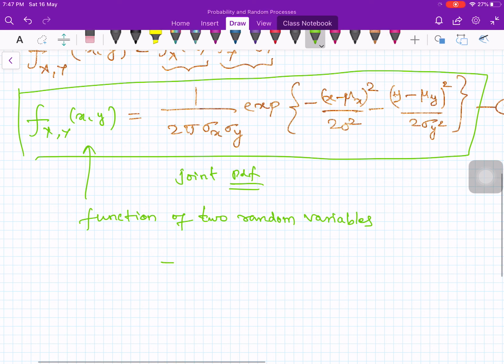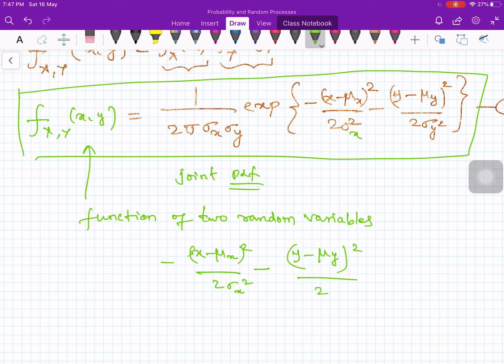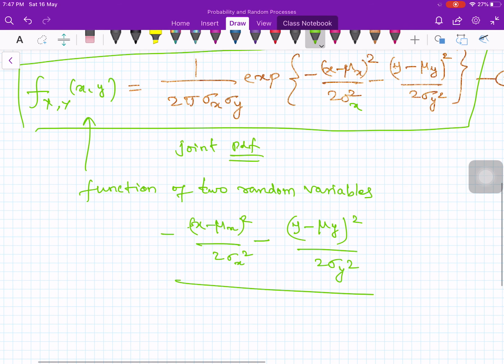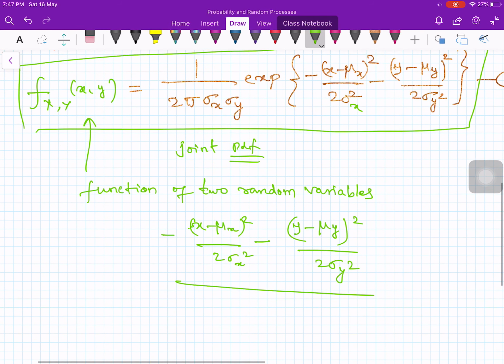Let me take this: (x minus mu x) the whole square divided by 2 sigma x square, minus (y minus mu y) the whole square divided by 2 sigma y square. Take this term. This looks like the contours of the density function.